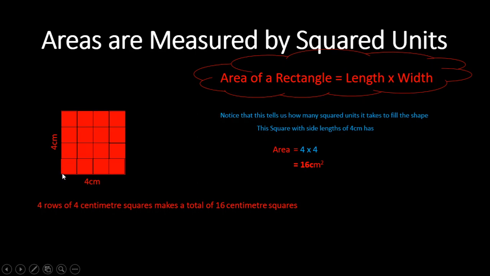It also takes 4 of these 1 centimeter squares to reach out the width of this square. But the number of centimeter squares that fill the area inside the square is 4 times 4, that's 16 centimeter squares. So when I say 16 centimeters squared, I actually mean 16 centimeter squares.